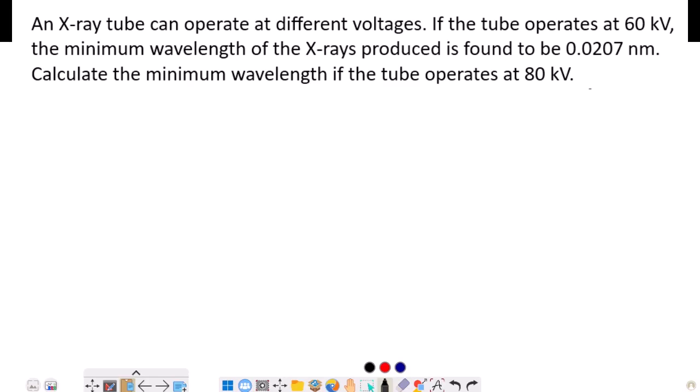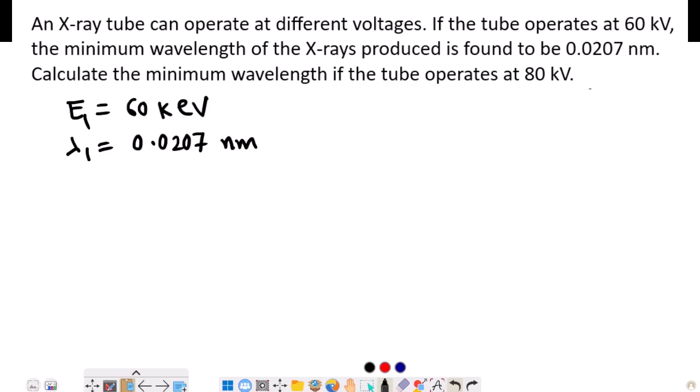When the tube operates at 60 kV, the energy of the X-ray photon will be 60 keV. Let's say this is E1, and the minimum wavelength of the X-ray produced is lambda 1, equal to 0.0207 nanometer. 1 nanometer is equal to 10^-9 meter.